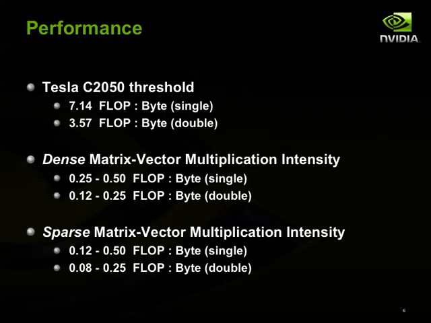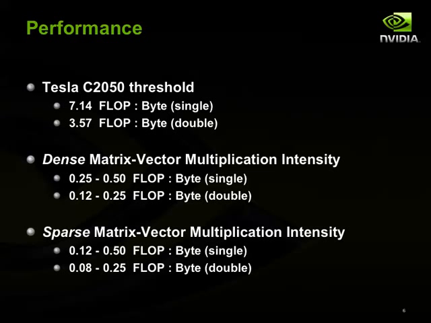Okay, so we calculated these numbers, about 7 for singles, 3.5 for doubles. If we look at dense matrix vector multiplication, you can get a range. On the extreme end, it's the most naive method where you have to read in both the matrix entry and the vector entry, and you get to do 2 flops. That's how you get 0.25 in single precision.